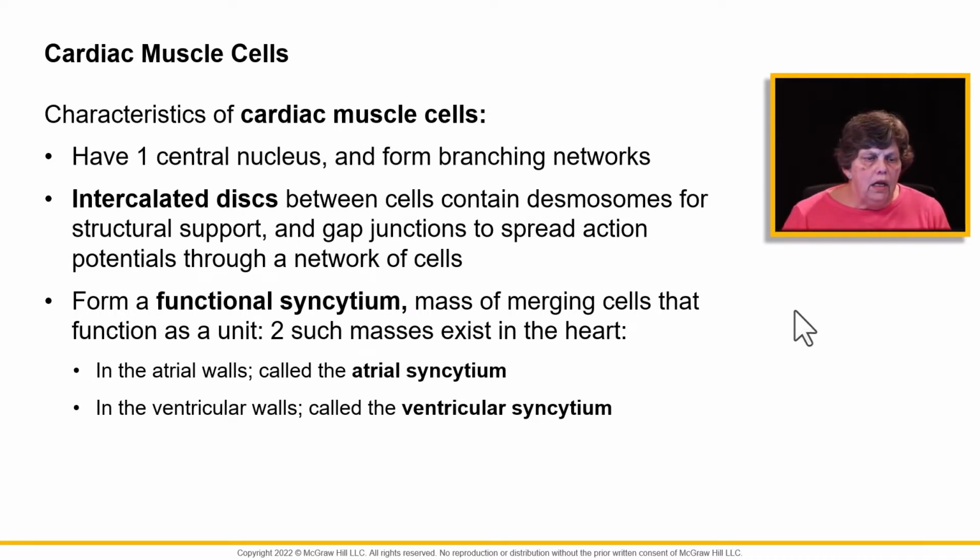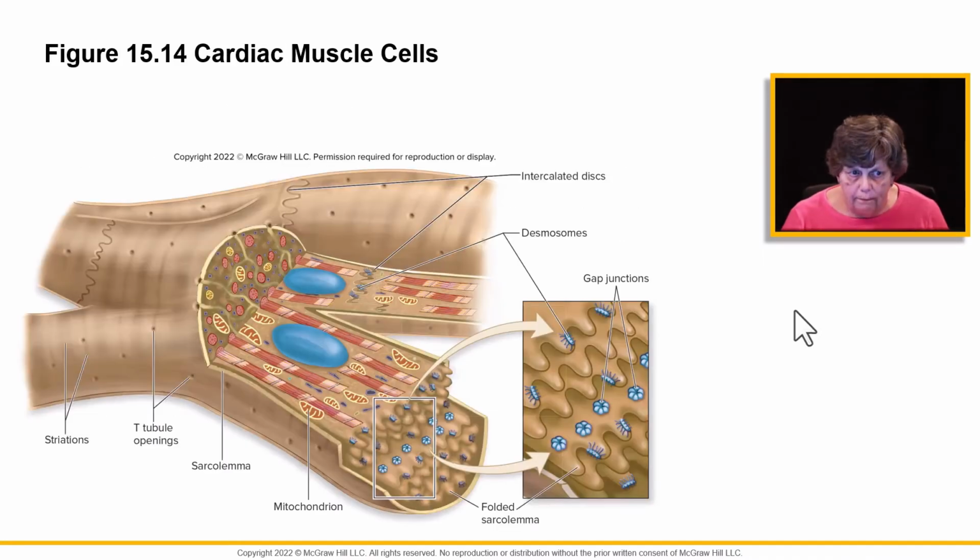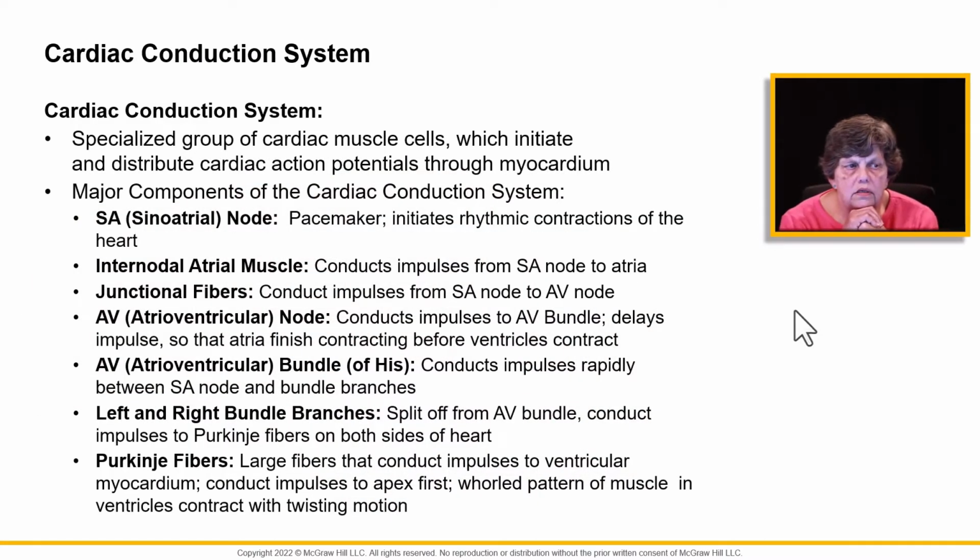Basically, you form a functional syncytium, a mass of cells that functions as a unit. So you have the atrial syncytium and the ventricular syncytium. You want them to contract as one. You can see these gap junctions and those intercalated discs.